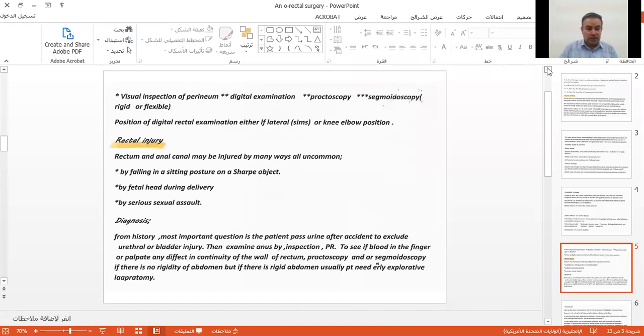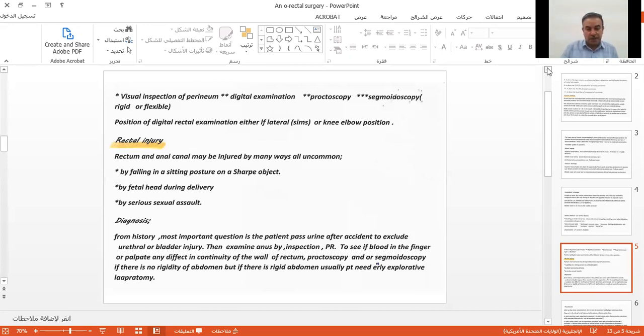Regarding rectal injuries, the rectum and anal canal may be injured in many ways. Uncommonly by falling in a sitting posture on a sharp object, by the fetal head during delivery, or by serious sexual assault, which are causes of major rectal injuries. For diagnosis from history, the most important question is whether the patient passed urine after the accident, to exclude urethral or bladder injury.